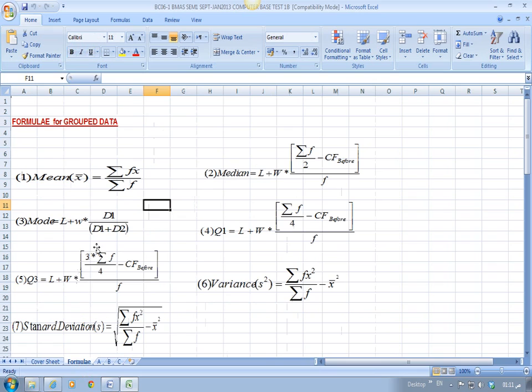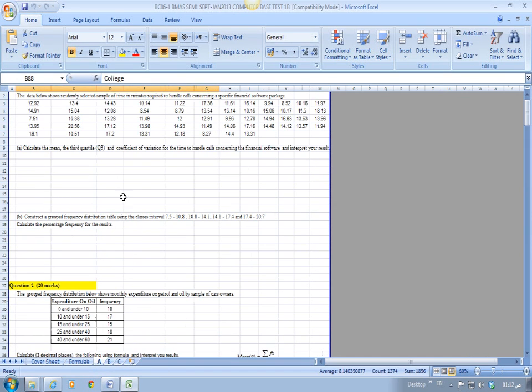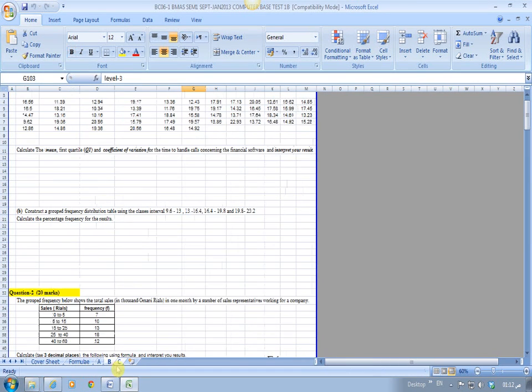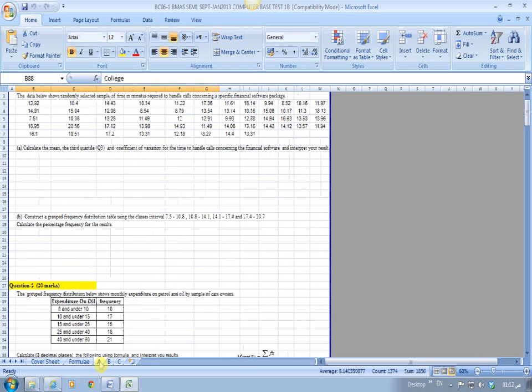The second sheet here is just formulas for group data. Here is a sample of previous examination. There are 3 sets, set A, set B and C. Normally students answer one set, so here I will try to answer set A.